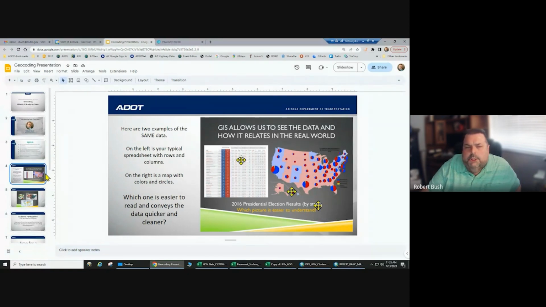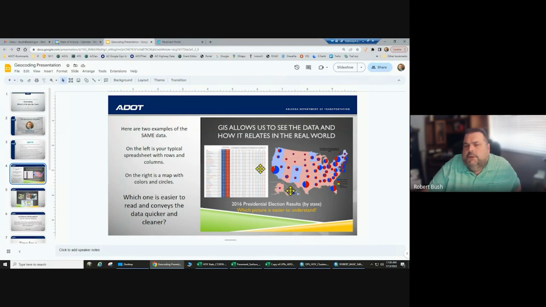And my question to you, which one do you think is easier to read and quicker and cleaner to convey some information if you were trying to show somebody what's going on or try to show what happened at a specific time, or in this case, it was the presidential election results back in 2016 based on state by state numbers.